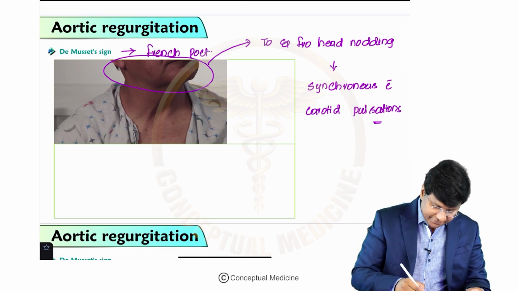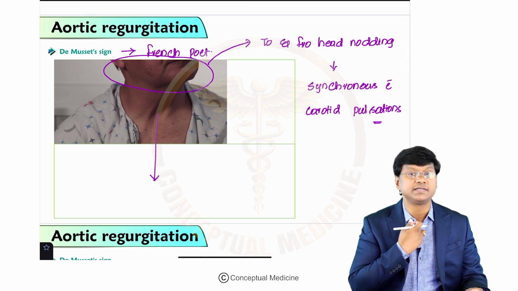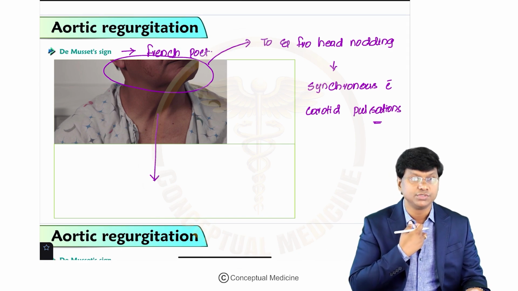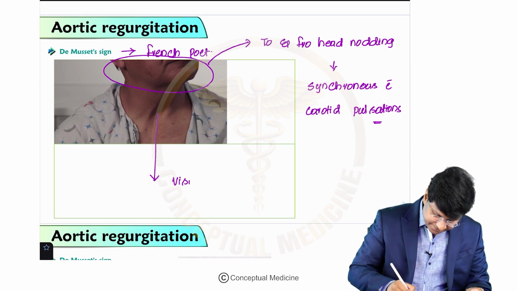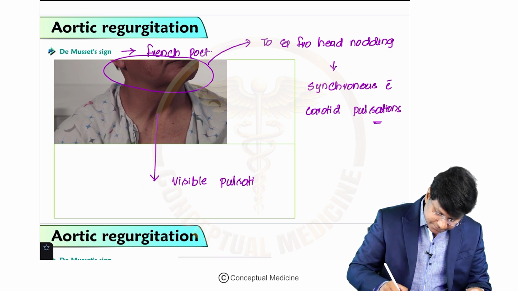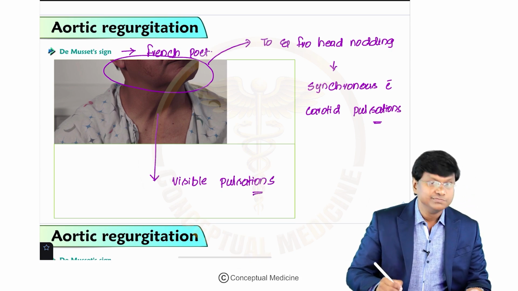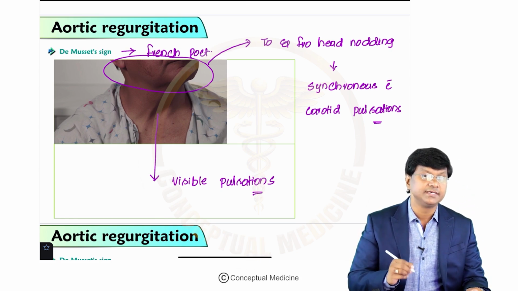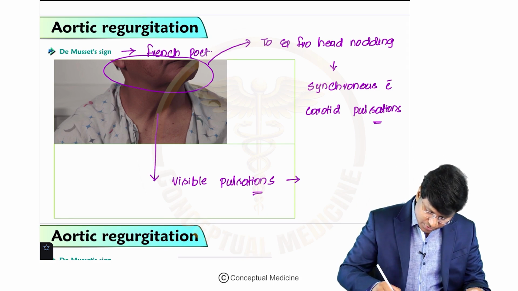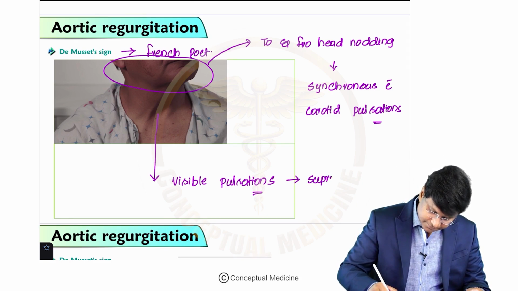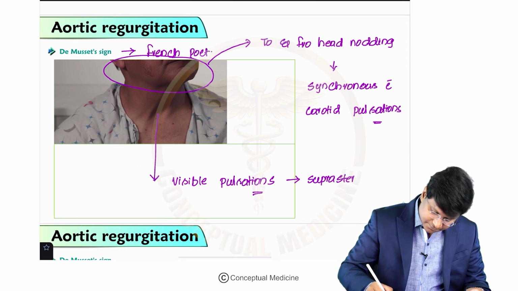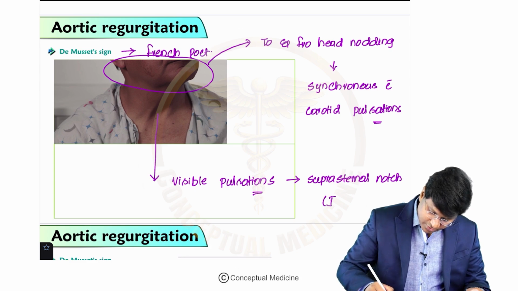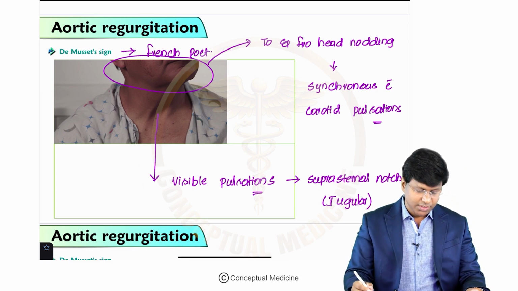Next, apart from that, in the suprasternal area or suprasternal notch, you will also observe visible pulsations, which is also called the jugular notch.